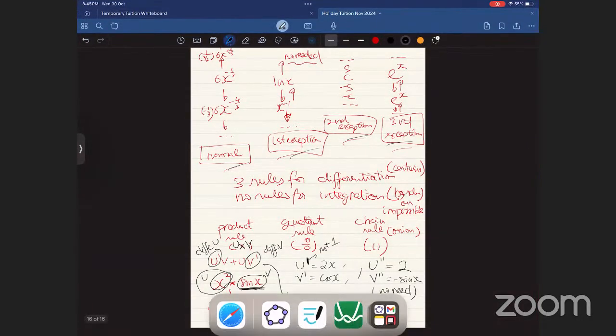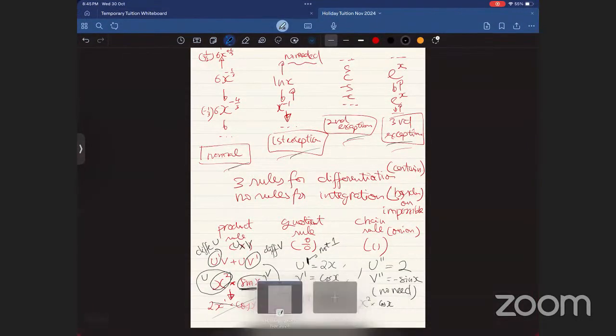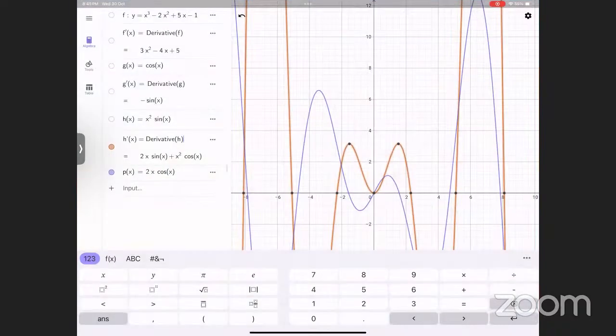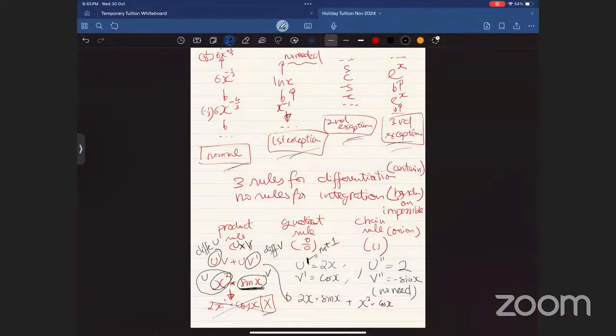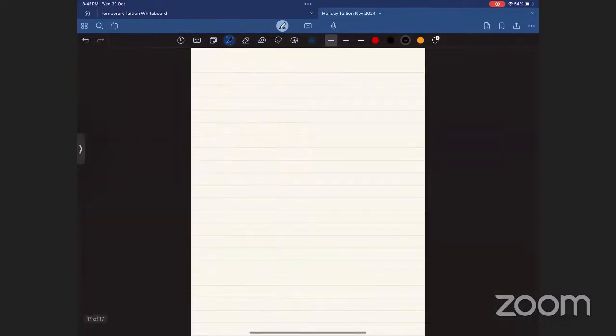I'm so sorry, I'm not very good at making it side by side. So GeoGebra and I are just following the rules. It is not very difficult. The rule is u prime v plus u v prime, for something to do with multiplication.